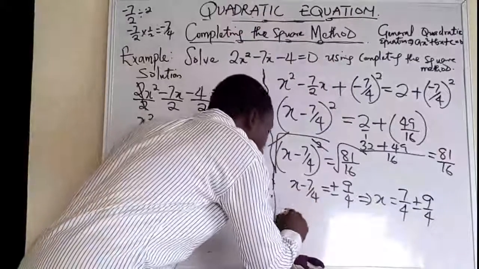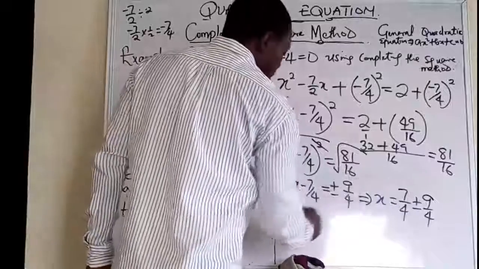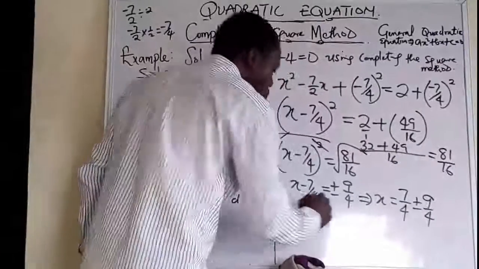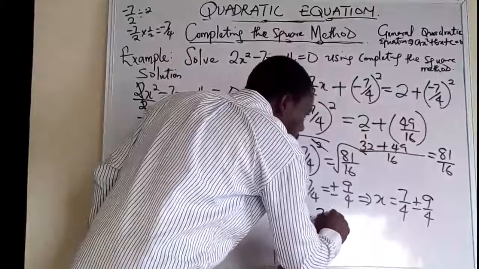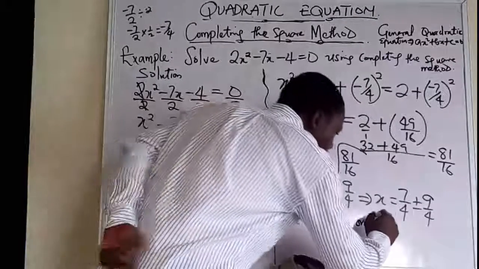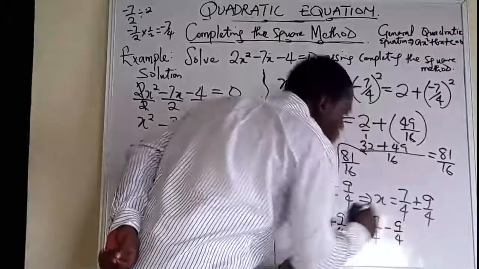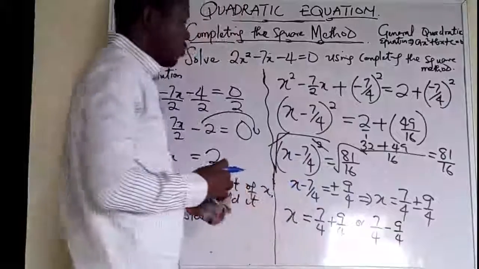We will have two answers now, so we separate it. x will be equal to 7 over 4 plus 9 over 4, or 7 over 4 minus 9 over 4. So we're going to have two values of x.